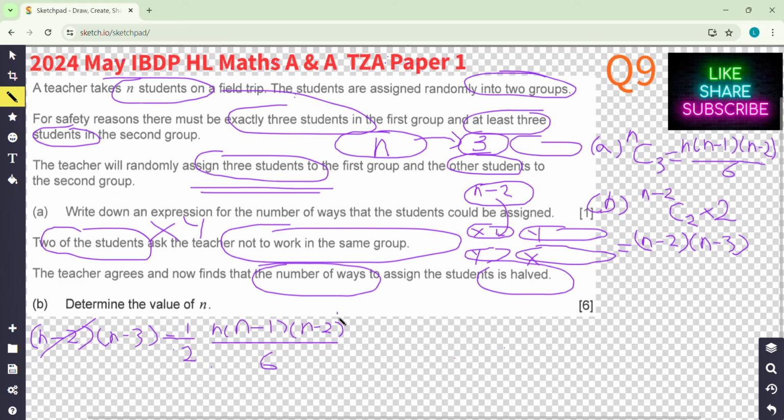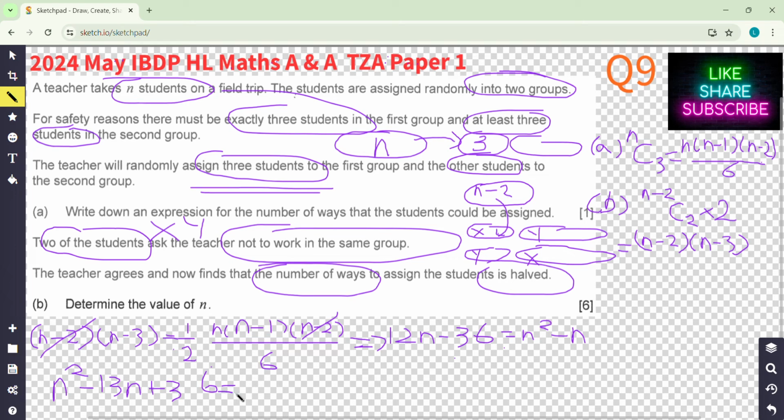Cancel out n minus 2. Then move the 12 to the left-hand side, so we have 12n minus 36. The right-hand side expanded is n squared minus n. Group them together: we have n squared minus 13n plus 36 equals 0.